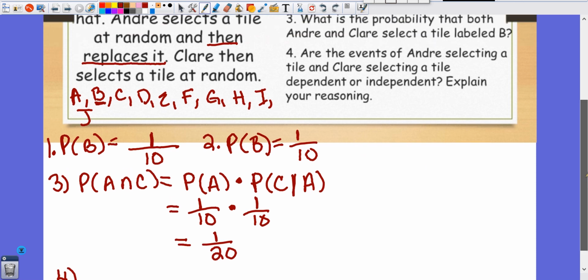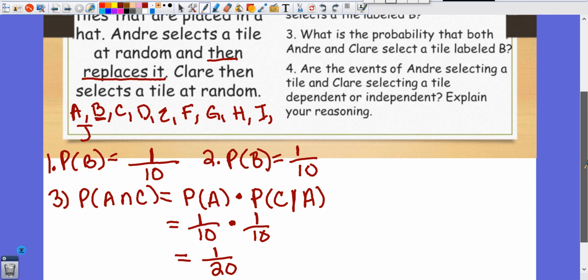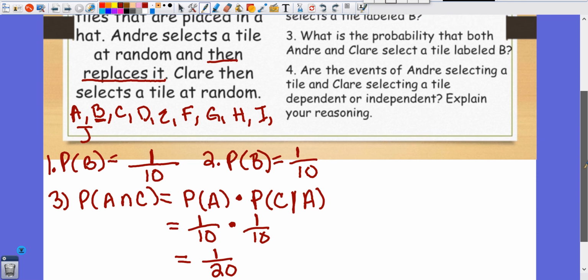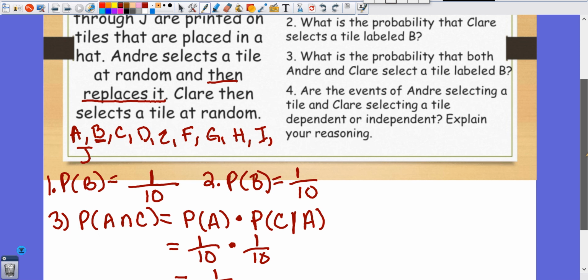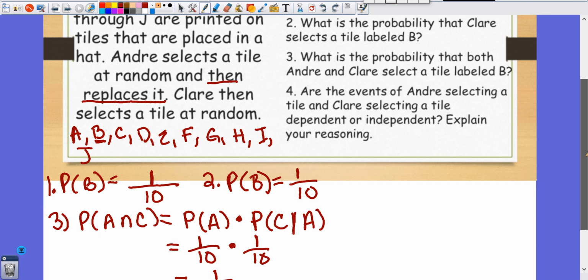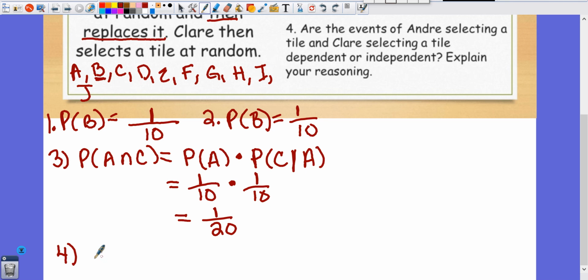Okay, so let's go to number 4. Number 4 says, are the events Andre selecting a tile and Claire selecting a tile dependent or independent? Explain your reasoning. Well, in this case, since Andre puts the tile back, then them selecting the tile right after each other would be independent events. The word with replacement told us that.